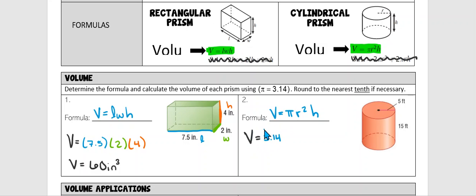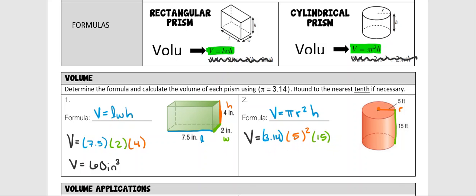We can put that in parentheses here so we don't lose track of it. I'm going to take r and square it. R is the radius of that circle at the top, which is 5. So that is going to go in the place of r. And then h, my height, is this measurement on the outside, which is 15. So we have pi, r, which is 5, squared, and 15.